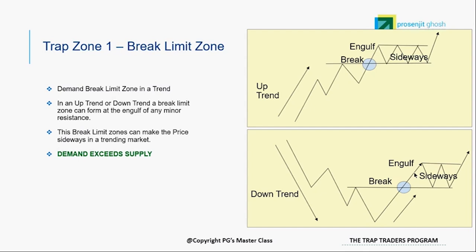Because of that, I know there is more demand than supply. I can go long and I have a break limit zone in this area and price will move up. Before price moves up, in a downtrend, it will certainly create a sideways move, because the institutions need a lot of fill, so they will make the price move sideways and then the breakout will happen.